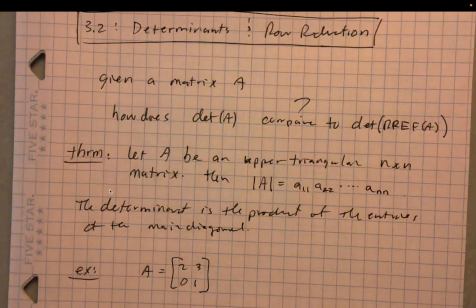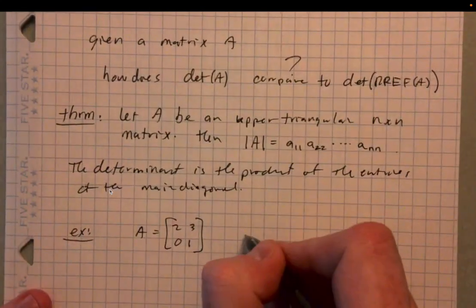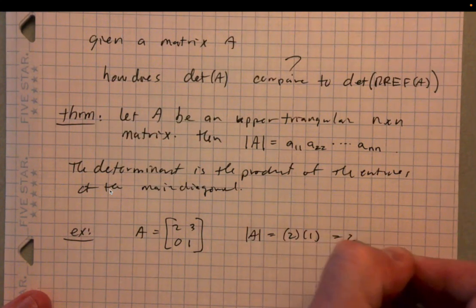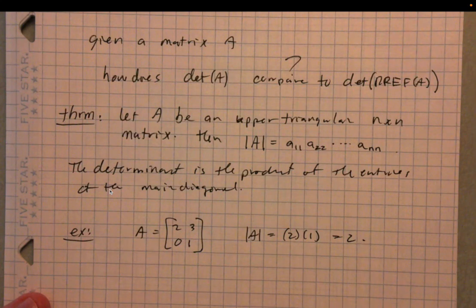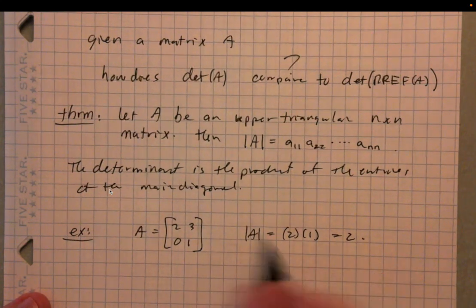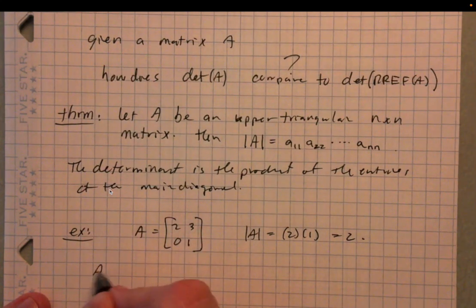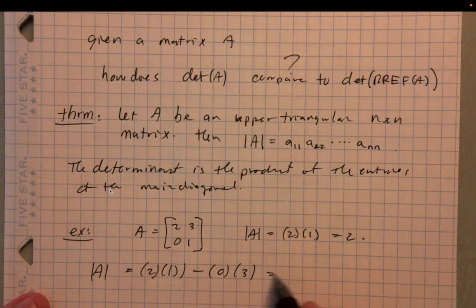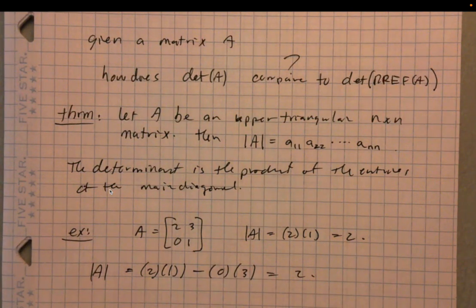What this is saying is that the determinant of A is equal to 2 times 1. We can easily confirm that using the original method, which would be 2 times 1 minus 0 times 3. Of course, we get 2. This is going to work in general for upper triangular matrices.